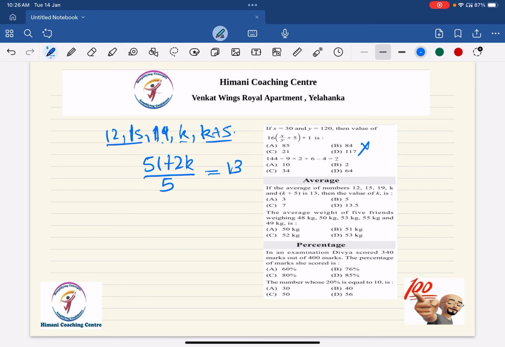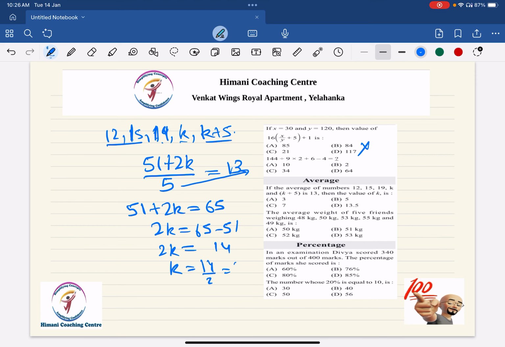Okay, so now 5 will go up, get cross multiplied with 13, so we will get 51 plus 2k equals 65. 2k equals 65 minus 51. So 5 minus 1 is 4, 6 minus 5 is 1. So 2k is 14, so k is 14 by 2, which is 7. So they have asked the value of k, which is 7.